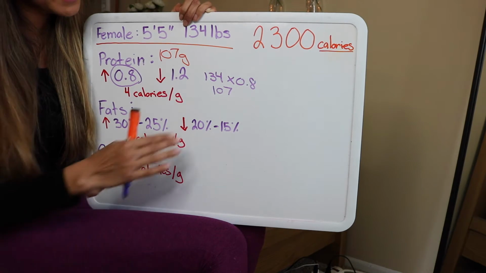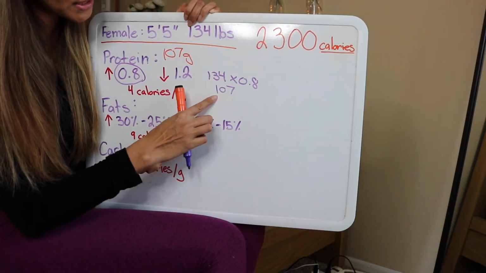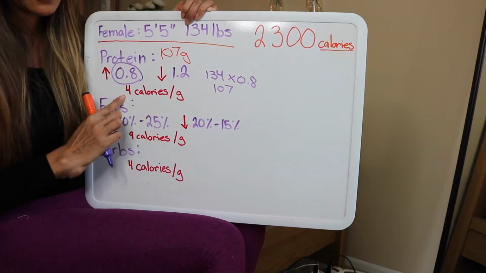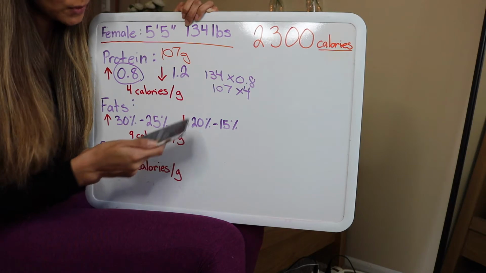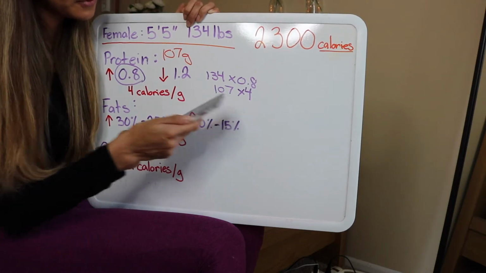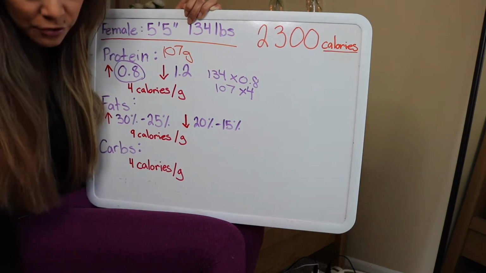Now to figure out the remainder of calories I will be eating, I need to take this 107 and multiply it by 4 because there are 4 calories per gram of protein. So I'm taking this 107 and multiplying it by 4, and that will bring me to 428 calories of protein.